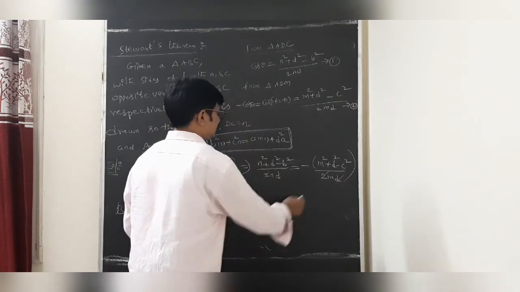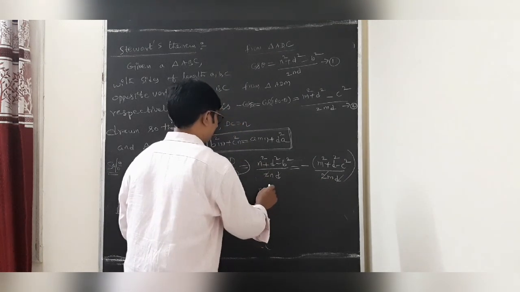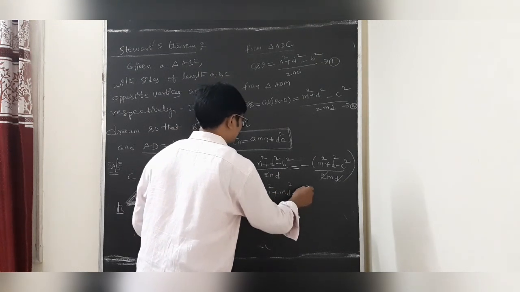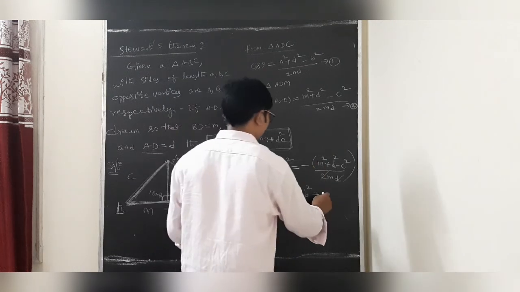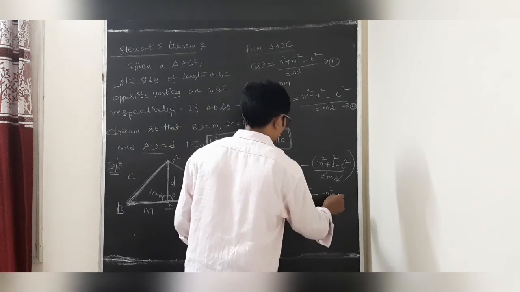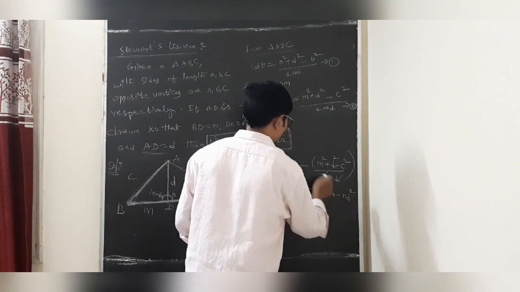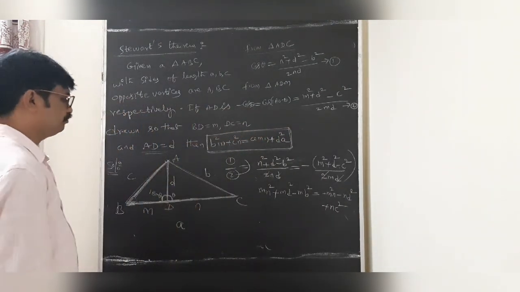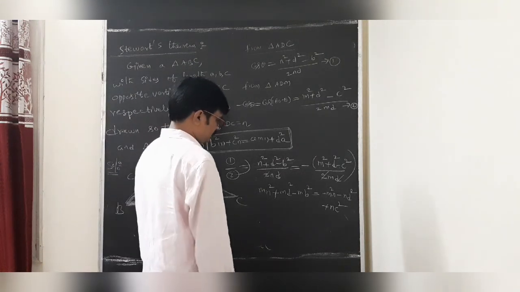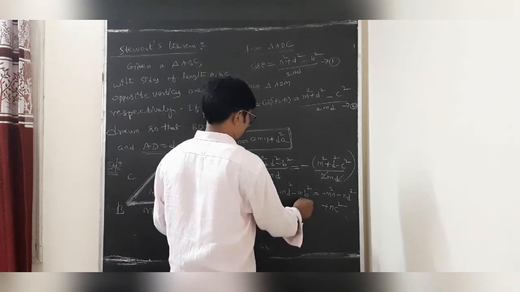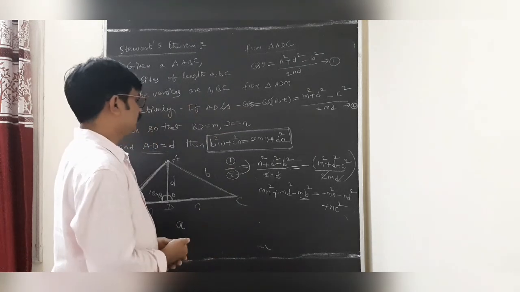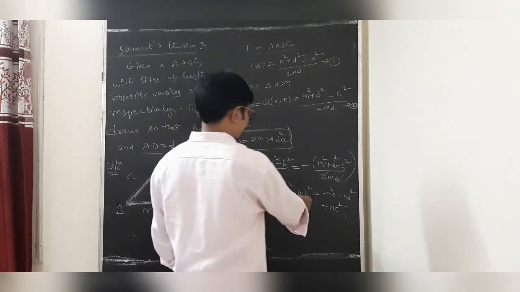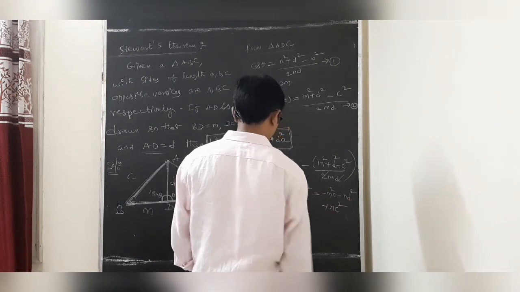Now this is mn square plus md square minus mb square, and minus m square n minus nd square plus nc square. So students, what is there? b square m, this one, is sent to the other side, and n square c is there.